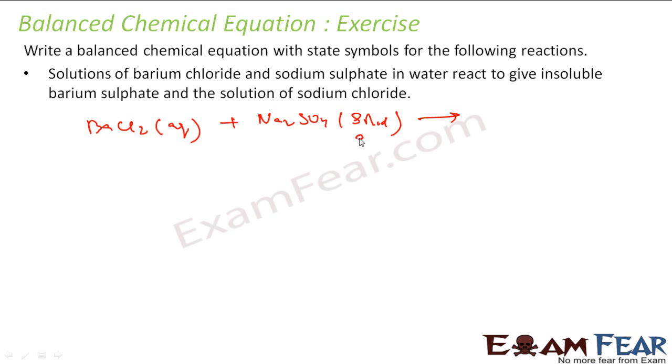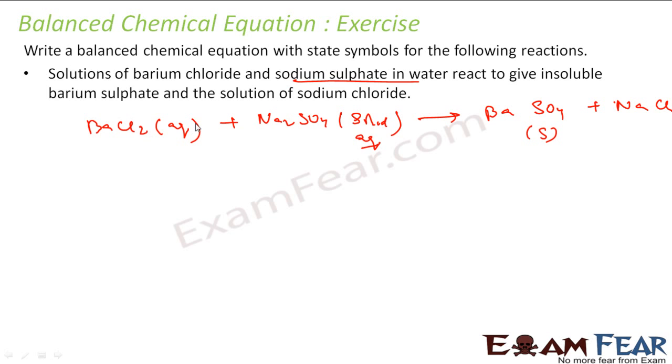Sodium sulfate is a solid thing in water, so you can say it's aqueous, because sodium sulfate is in water, so it's aqueous. It gives an insoluble barium sulfate, so you get barium sulfate, that is a solid because it's insoluble, plus sodium chloride NaCl.